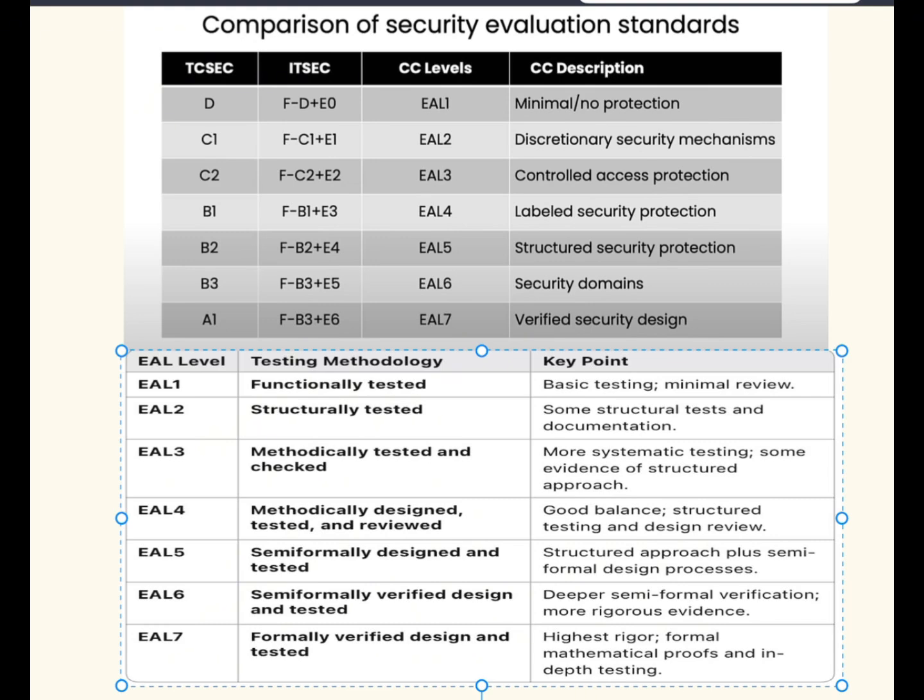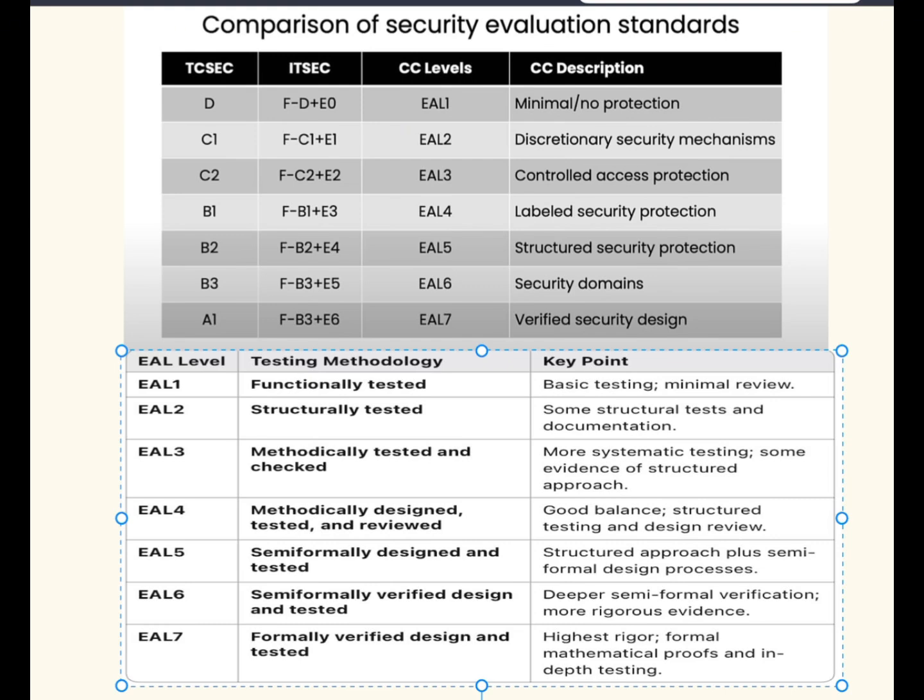Another important point is that as a company or as a product vendor, you can't do the CC evaluation yourself. You work with an accredited testing lab, a common criteria testing laboratory, also called a CCTL.